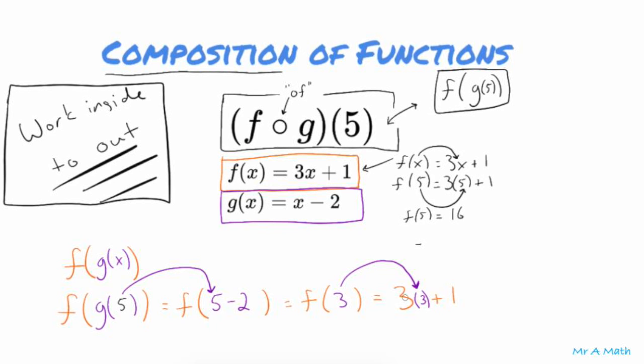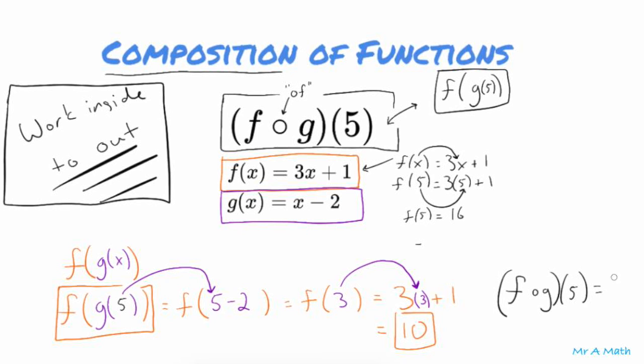So we have 3 times 3 plus 1, which means that it's just 9 plus 1, which is 10. So long story short, we started with f of g of 5, and after we worked inside out, we discovered that it's equal to 10. So my final answer, in summary, is f of g of 5 is equal to 10.